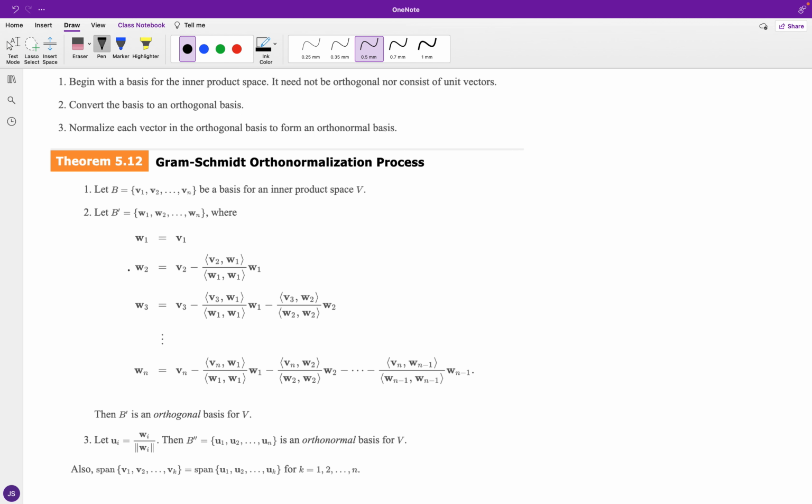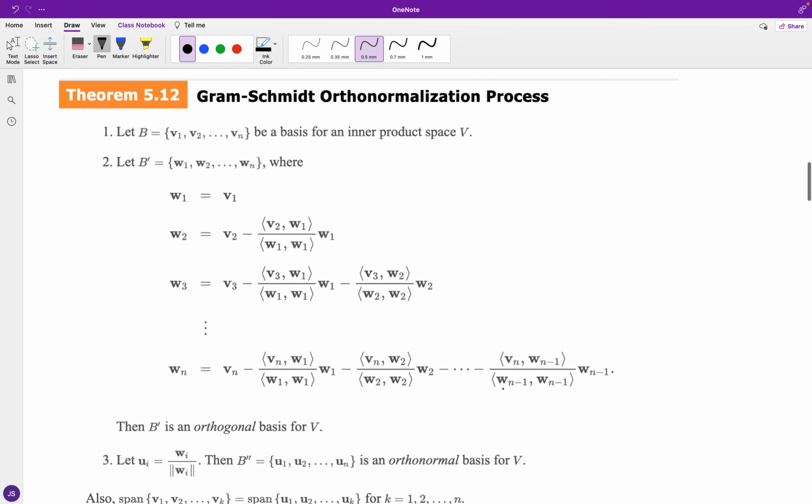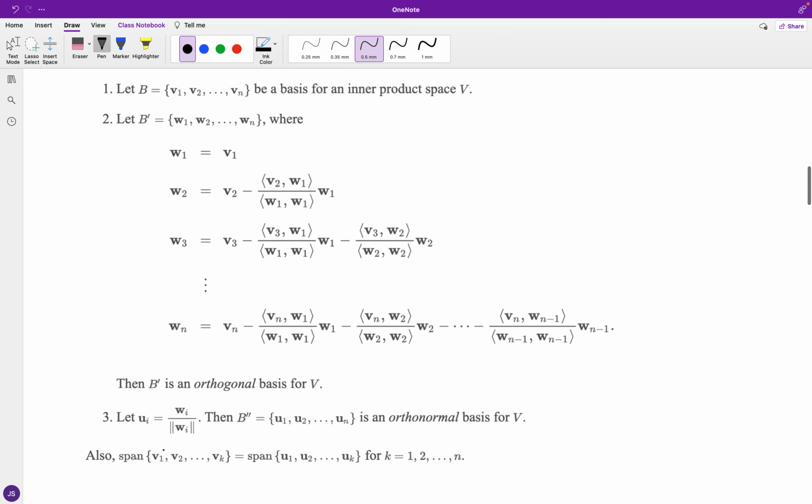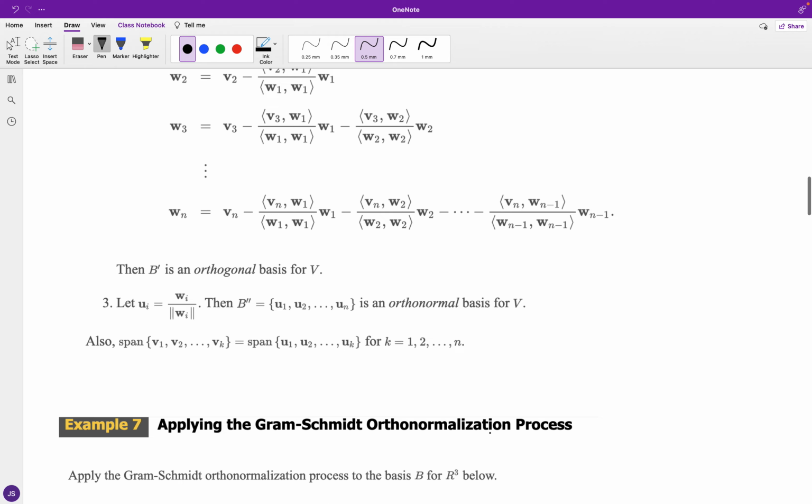So if I take all of B prime, taking the vectors and dividing by the norm of each vector, for instance w sub 1 divided by its norm would form u sub 1, and going through all the vectors up to w sub n, you're going to have the set B double prime, and this is going to be the orthonormal basis for this vector space. And just some examples here.